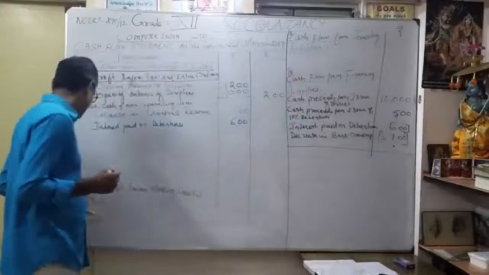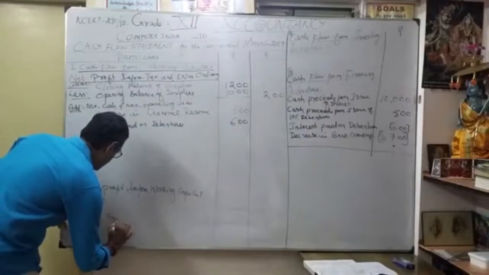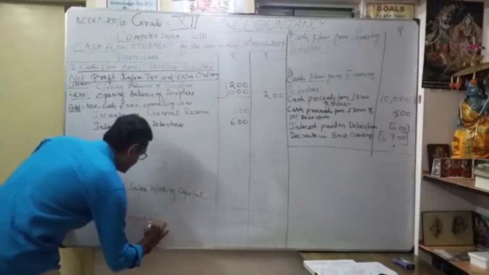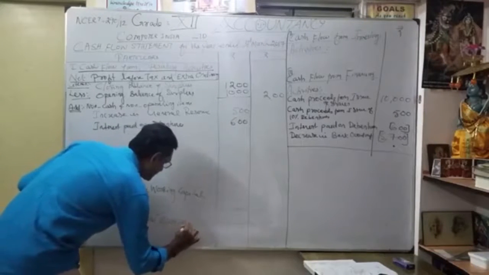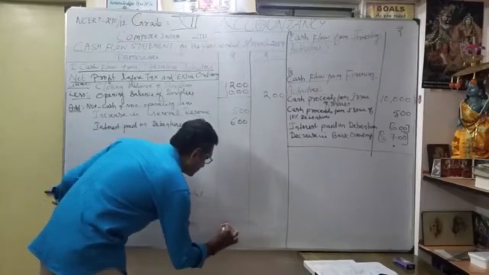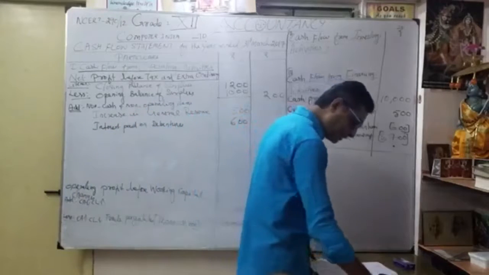So you have to write it here. Trade payables within the bracket. 12,000 become 11,000. So how much decreased? 1,000. Okay, that's what here for the current liabilities.